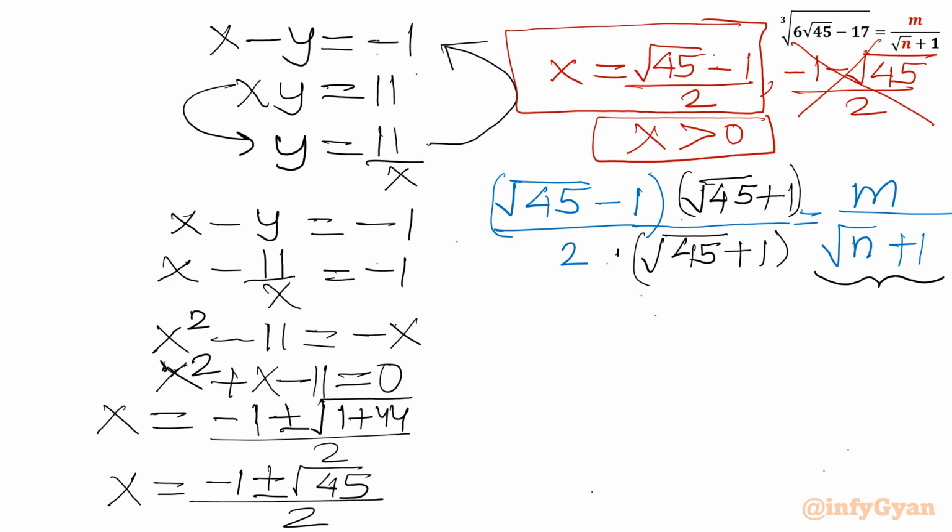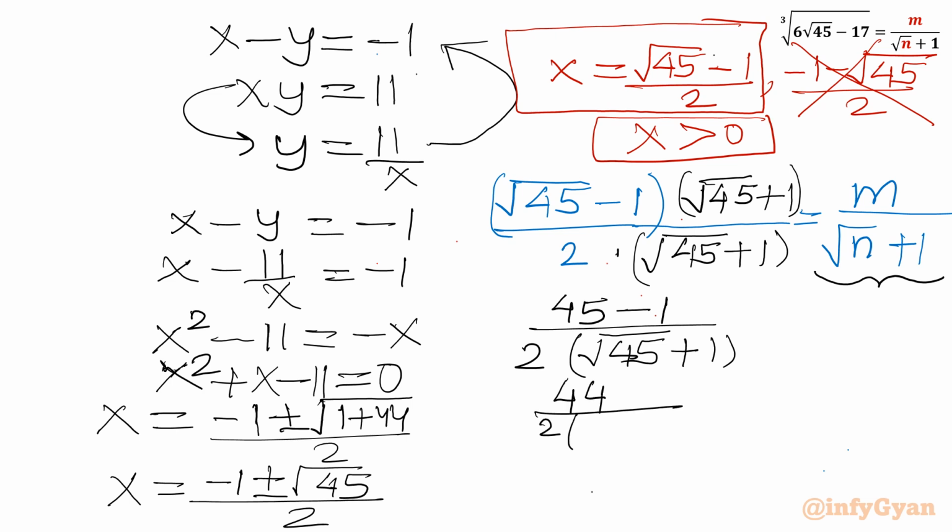Now in the numerator it is a plus b, a minus b. So it will be root 45 square is 45, 1 square is 1, over 2 times (root 45 plus 1). 45 minus 1 is 44. So we can write 44 over 2 times (root 45 plus 1).